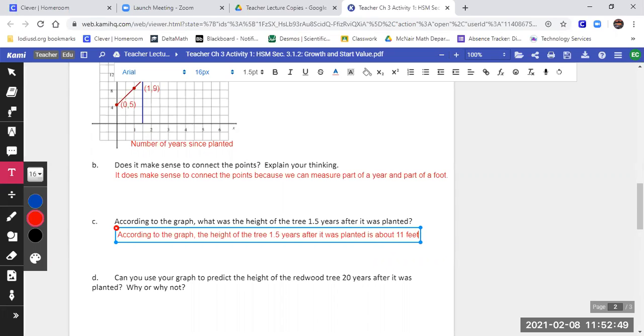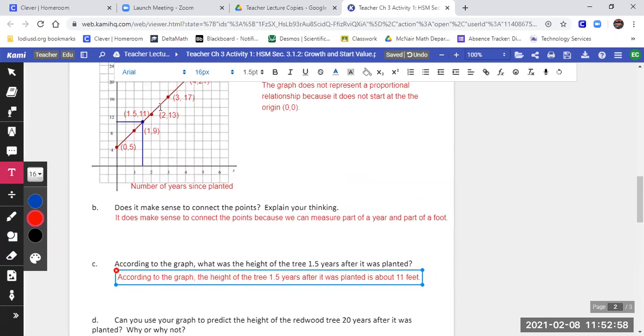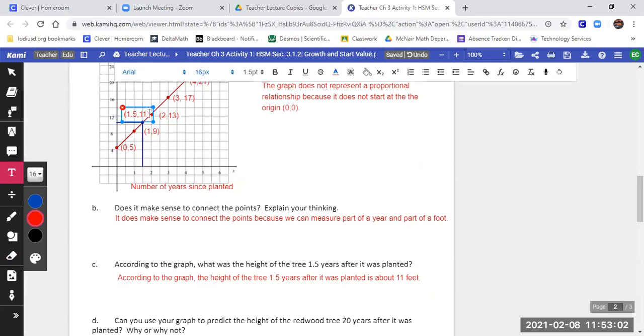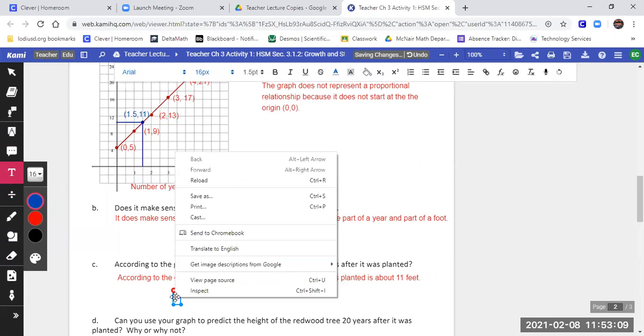And that's because I know 0.5 means half. So I'm looking at halfway between year 1 and year 2. And I knew I went up 4, so I just took 9 plus 2. And I want this to be blue, trying to make it stand out so it's different.